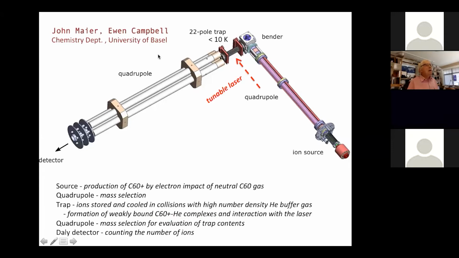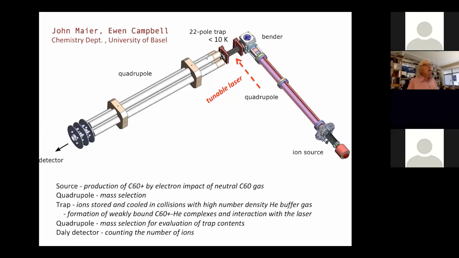And in this area, they fired a tunable laser through the gas. And that had the effect that if there was an absorption in the C60+, it would be sufficient to energize the C60+, or in this case, ion, I should say, and kick off the helium, because we were dealing here with helium-bound complexes.